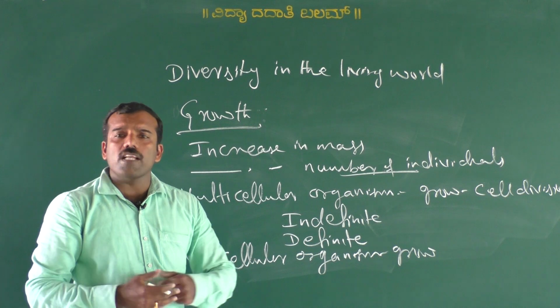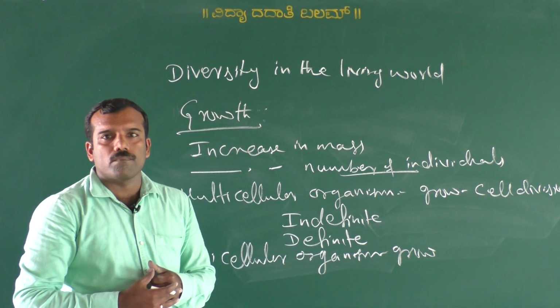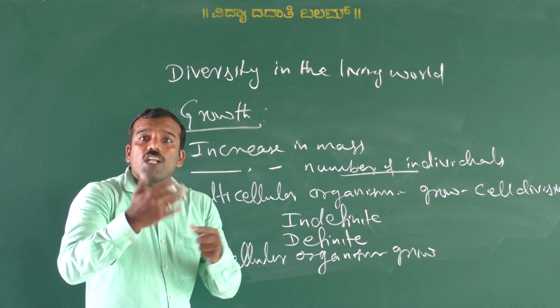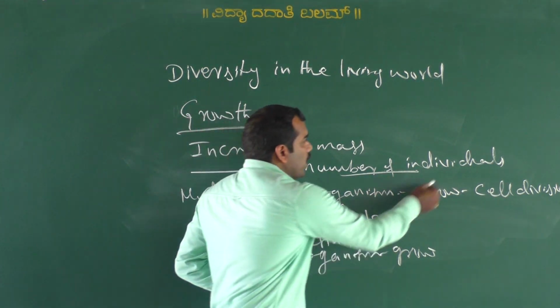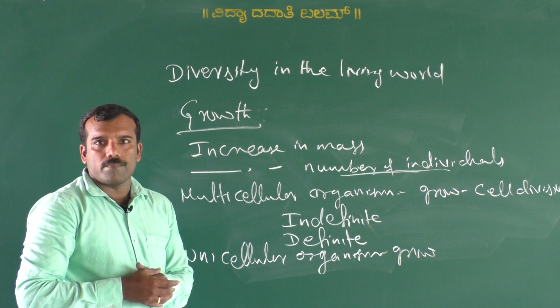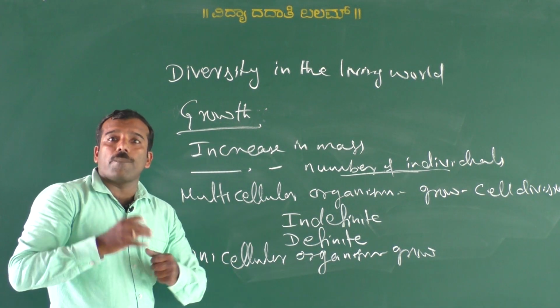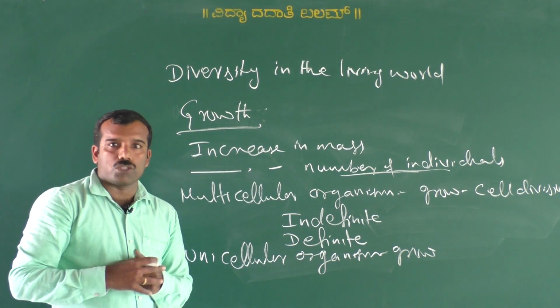For example, bacteria, amoeba, paramecium, euglena. These are all the best examples of unicellular organisms. They divide, the number of cells increases, and that means growth. Okay, so growth is a permanent, irreversible increase in height, in mass, in number.